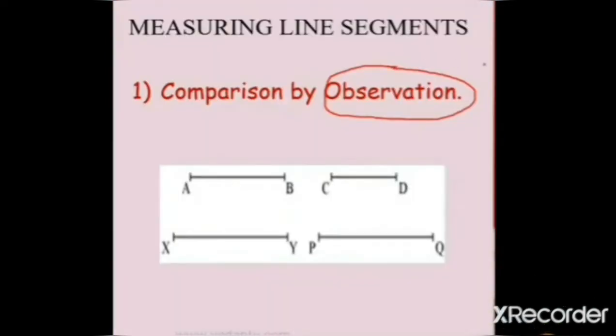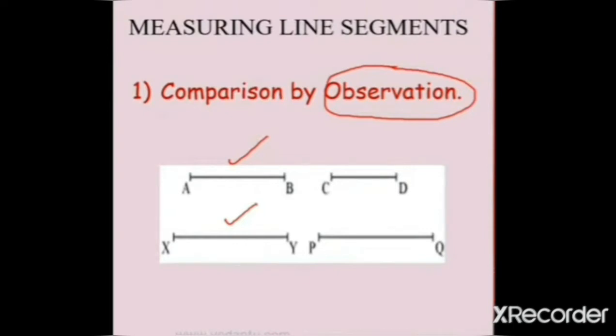First of all, let's learn how to measure line segment. Point 1 is comparison by observation. Observe these line segments. Line segment AB, line segment CD, line segment XY and line segment PQ. By observing the length of the line segments, easily you can say that line segment AB is bigger than line segment CD.